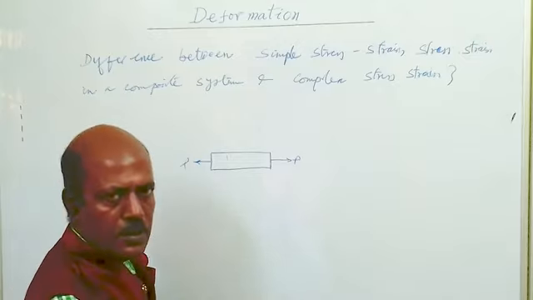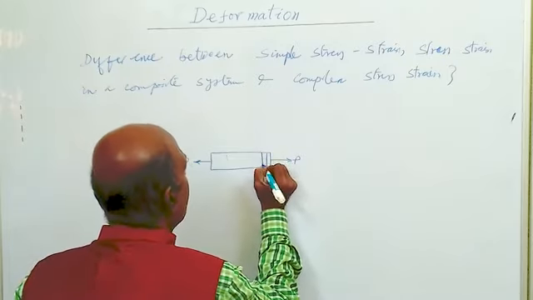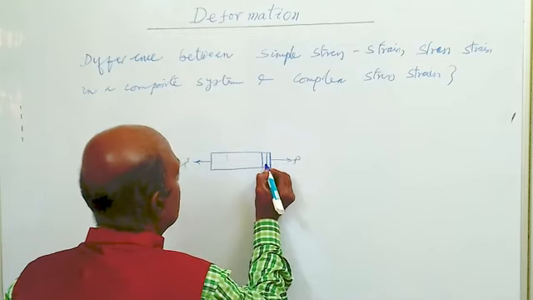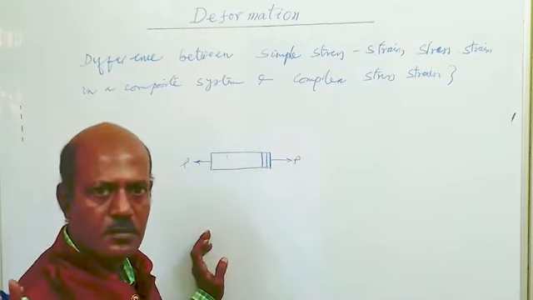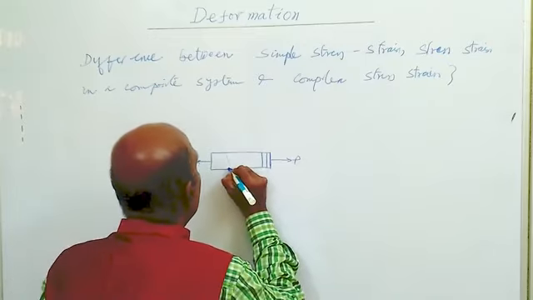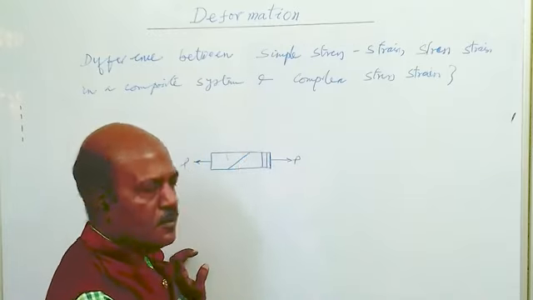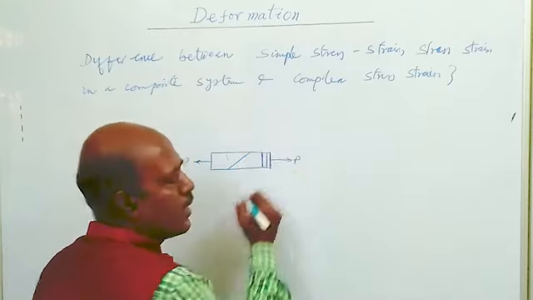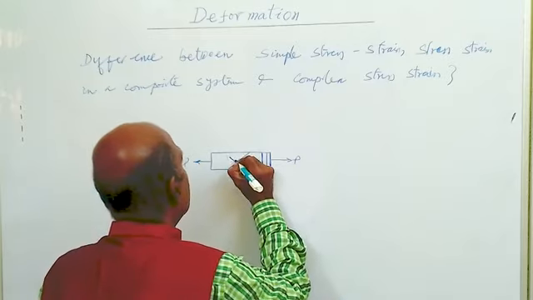Now if you see any cross section parallel to this cross section, all the cross sections have normal stress developed, no shear stress. But if we consider an inclined section, there will be two stresses developed here.